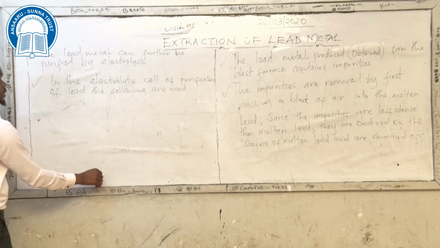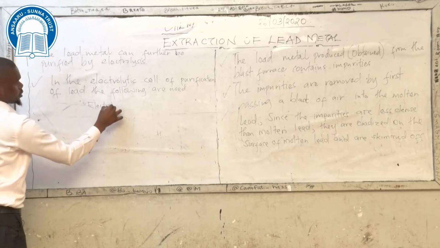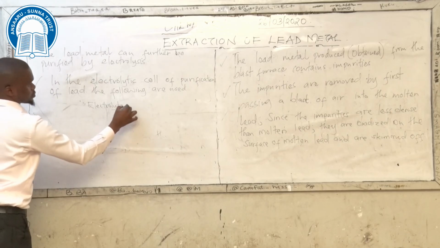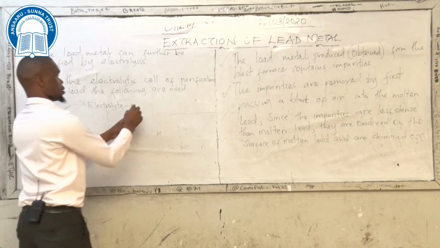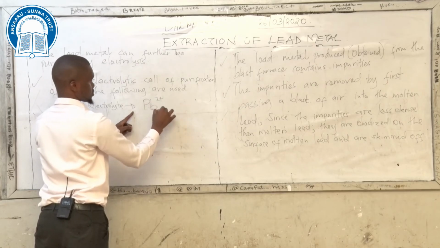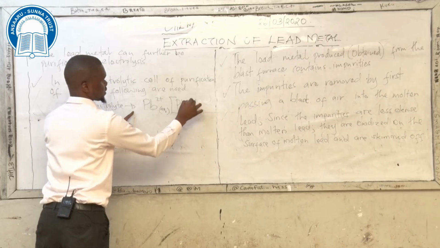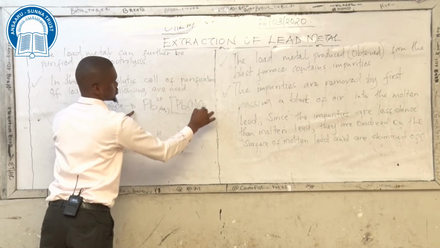The first one is the electrolyte: a solution containing lead 2 ions, most likely lead nitrate solution.